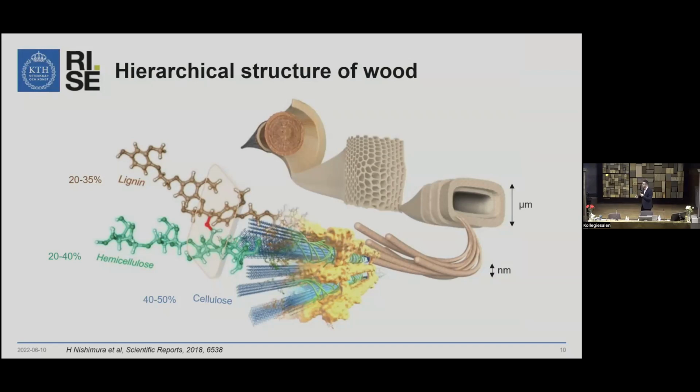And these microfibrils actually are semi-crystalline cellulose fibrils coated with hemicellulose and are embedded into a matrix of lignin. And from a composition point of view, about 20 to 30% of wood tissue is composed of lignin, 20 to 40% composed of hemicellulose, and 40 to 50% composed of cellulose.